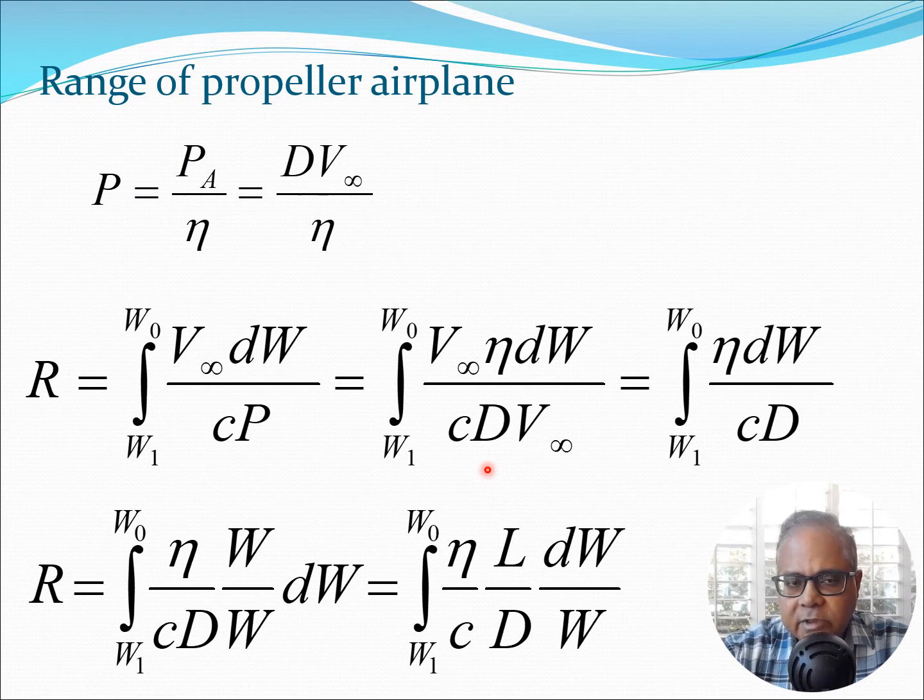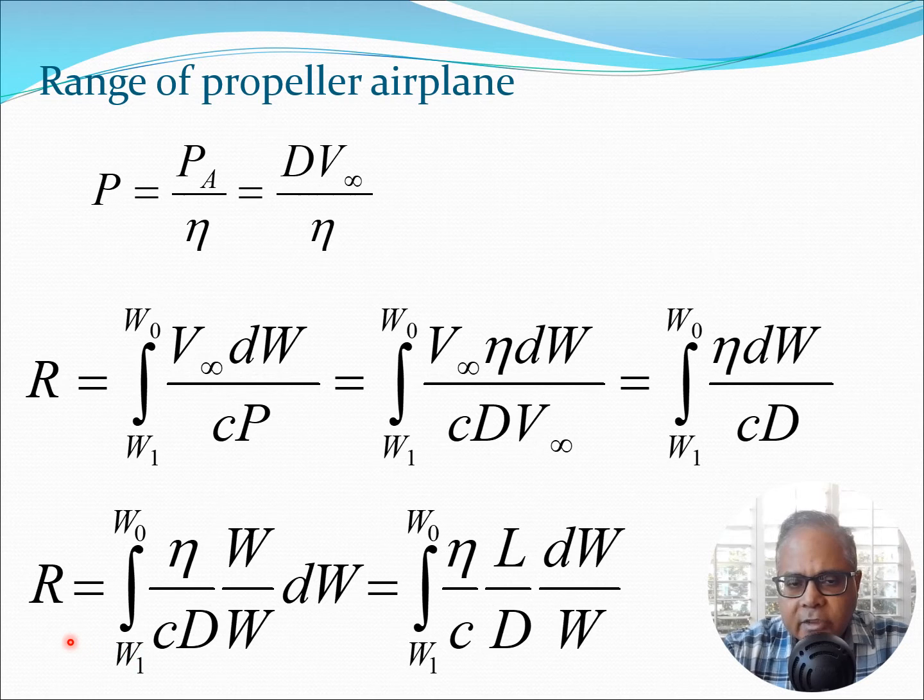So what happens is that I get the D V infinity term here, and the eta term goes up in the numerator. So this is the equation we obtain here, and then there are some cancellations as far as these two V infinities are concerned, and so I get this equation here, which is eta dW and c D.